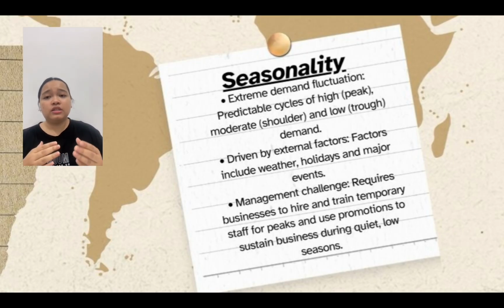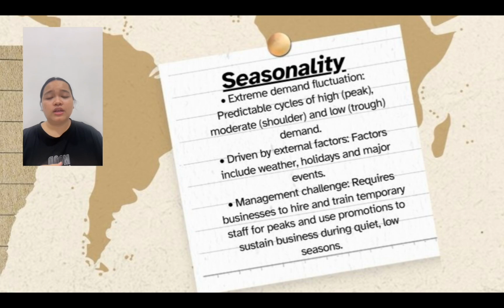Managing these fluctuations is a challenge for tourism businesses. So businesses must hire and train temporary staff during busy seasons and find ways to attract visitors during slower times, such as by offering discounts, special events, or niche promotions.